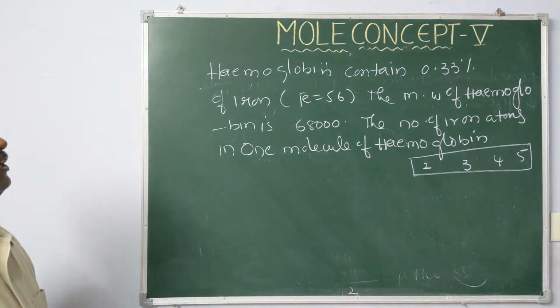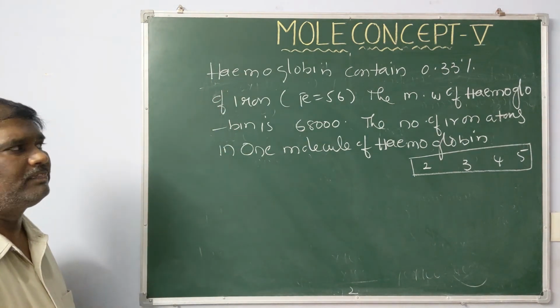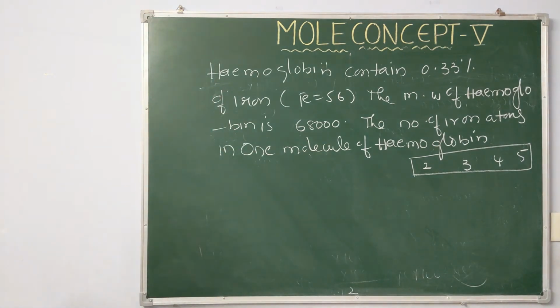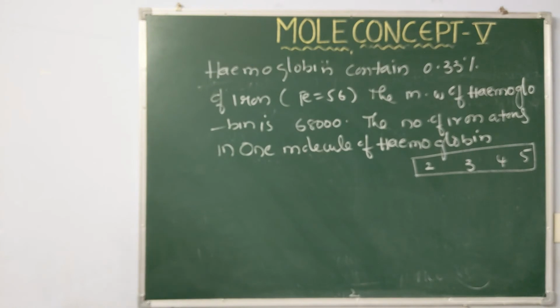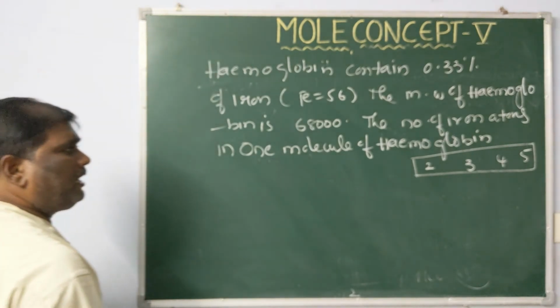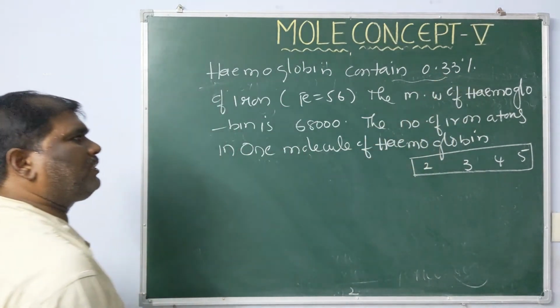Okay. Now first you read the problem. Hemoglobin contains 0.33% of iron. The molecular weight of hemoglobin is 68,000. Now find the number of iron atoms present in 1 molecule of hemoglobin. Again you start with the percentage given. What do you mean by 0.33%?